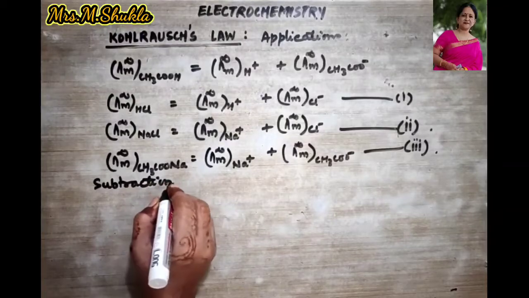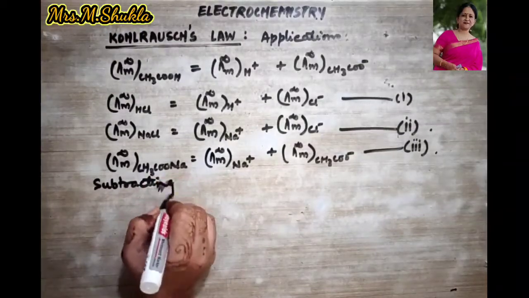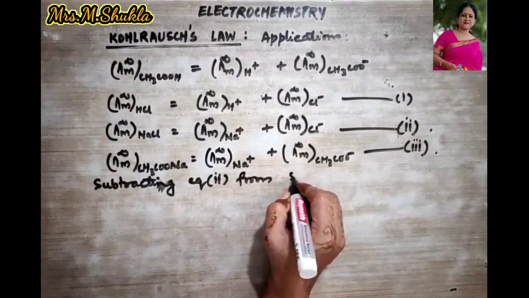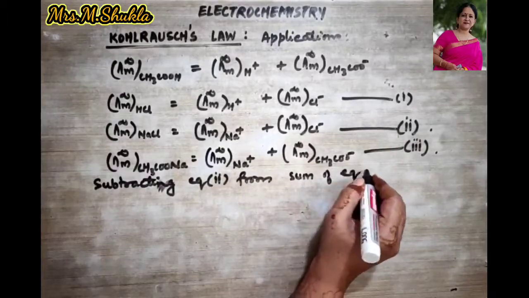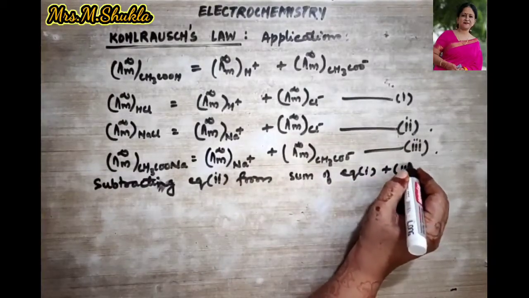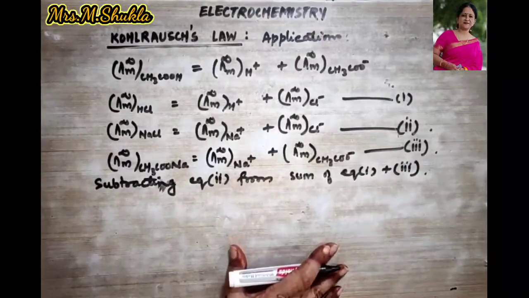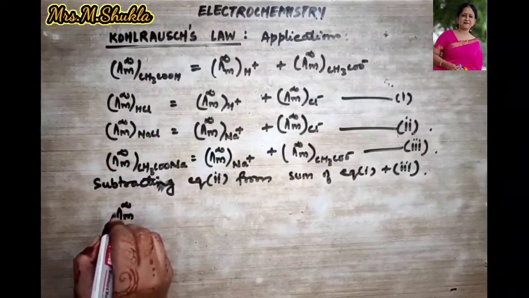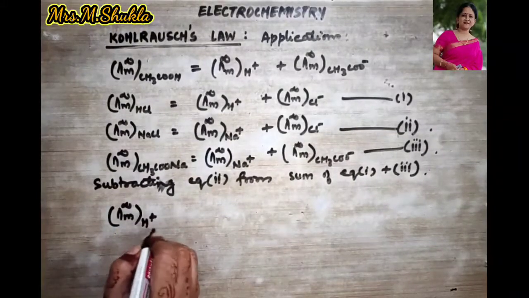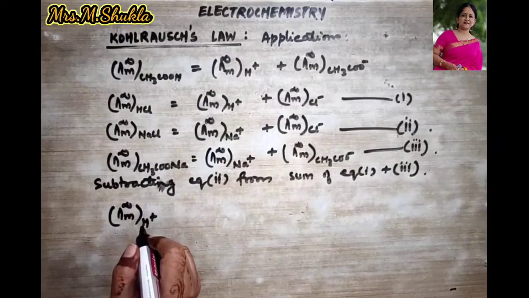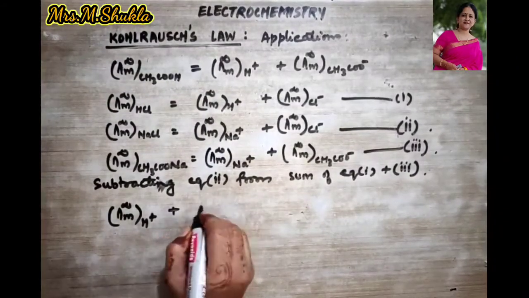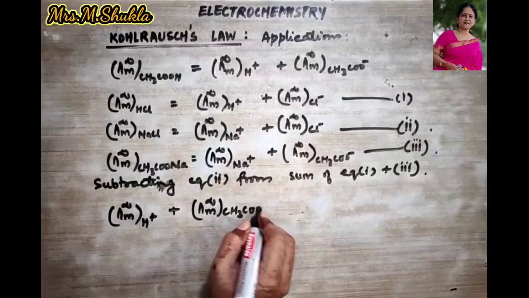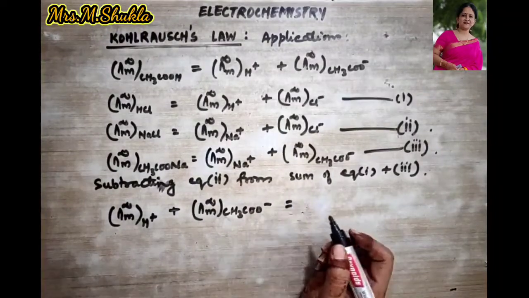Subtracting equation 2 from the sum of equation 1 plus 3. Now when you do the whole thing, what are you going to get? The molar conductivity of H ion in infinite dilution plus the molar conductivity of CH3COO acetate ion in infinite dilution.